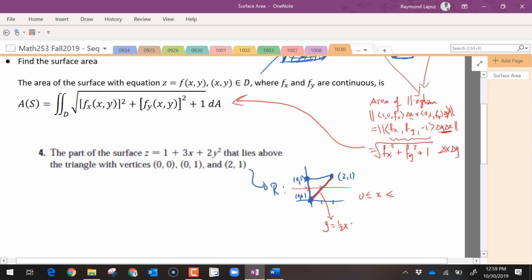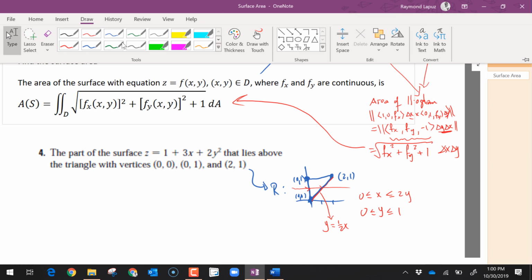And if I solve for x, because I'm using x limits first, x is going to equal 2y. So that's my upper and lower limit for x. And I'm going to integrate on the outside integral from 0 to constant 1. Remember, your outer limits have to be constants. All right, so that's the region part.